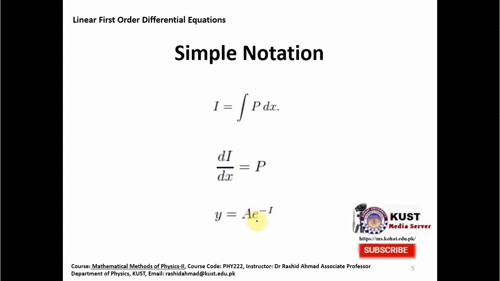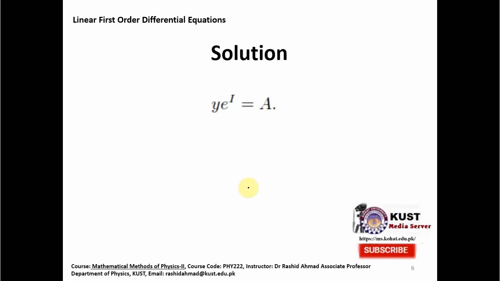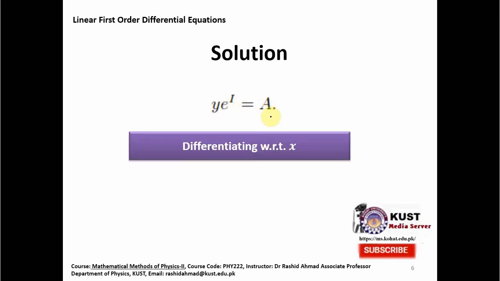Since you can see over here y is equal to a into e raised to power minus I, let's take this e raised to power minus I onto the other side and put it like this: y into e raised to power I is equal to a, where a is that constant. And if we differentiate this with respect to x, because y is a function of x, and all of them contain some terms which are functions of x.